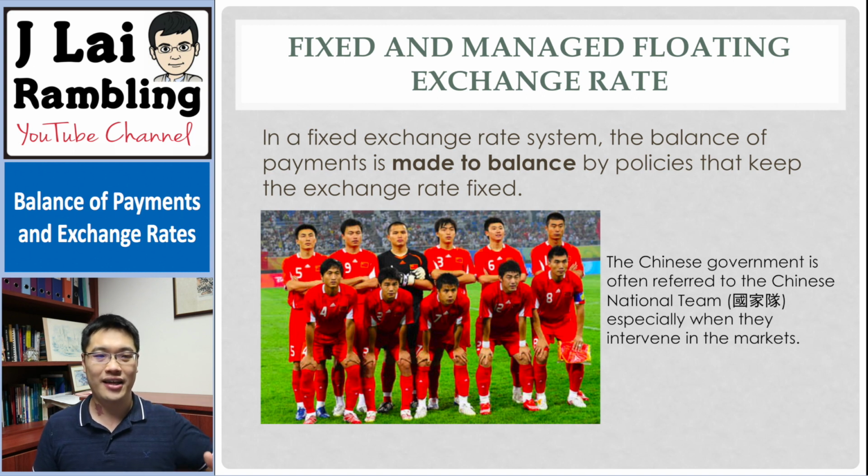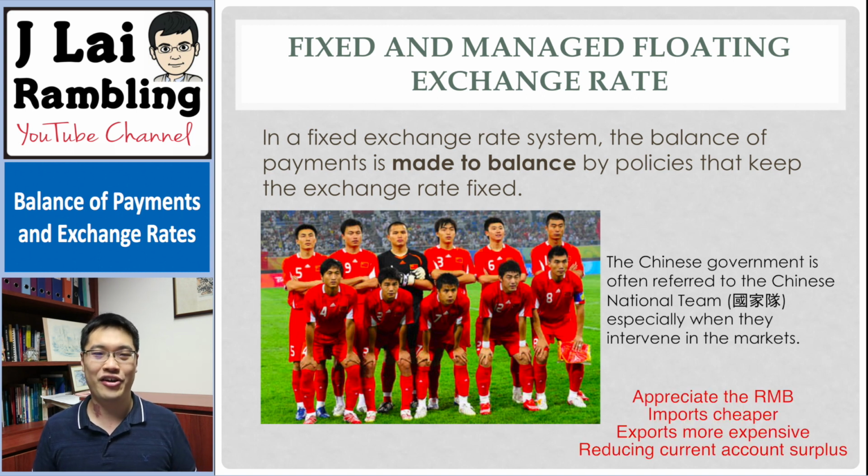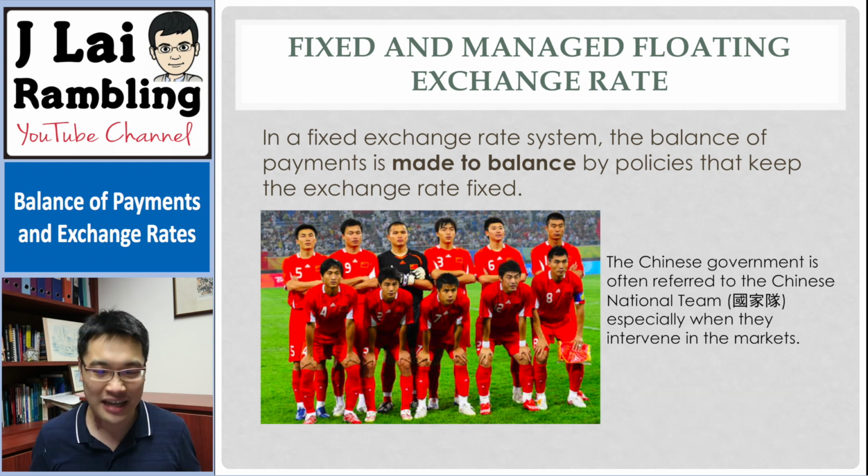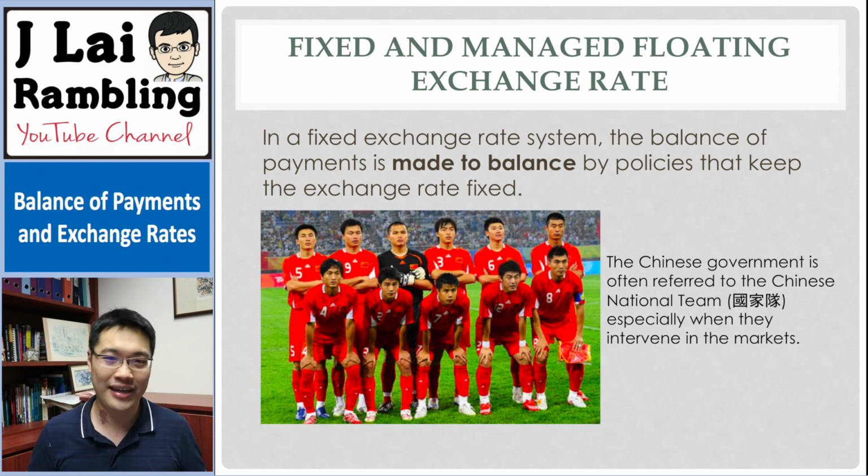So if it is incurring a current account surplus, when the US gives it pressure, it is forced to appreciate the currency a little bit to make its imports cheaper and exports more expensive, and therefore reduce the current account surplus. When the Chinese government intervenes, this is often known as the Chinese national team, 國家隊, intervening in the market.